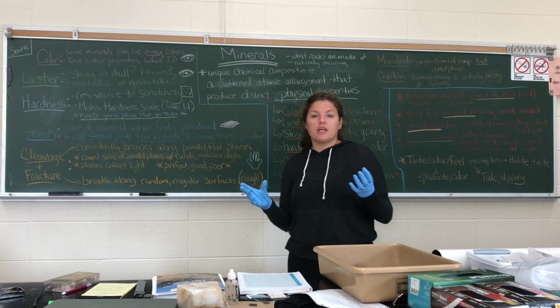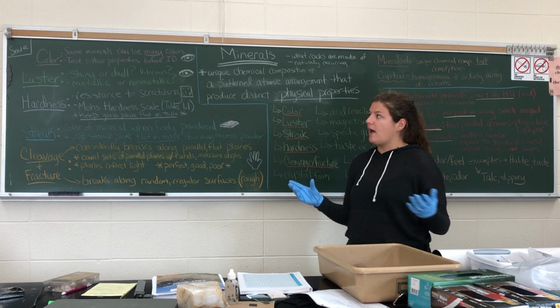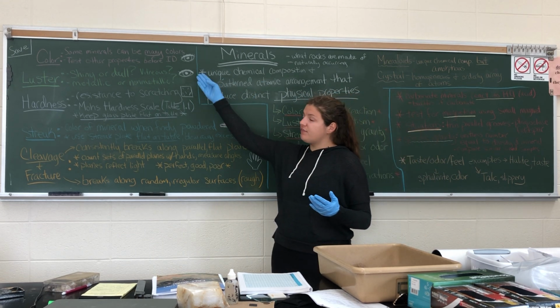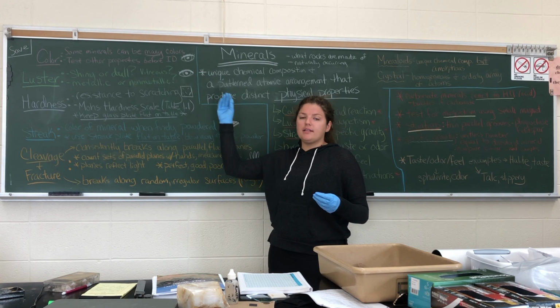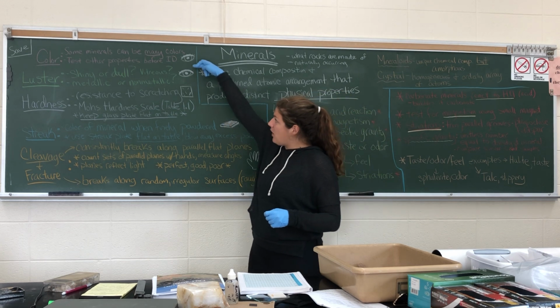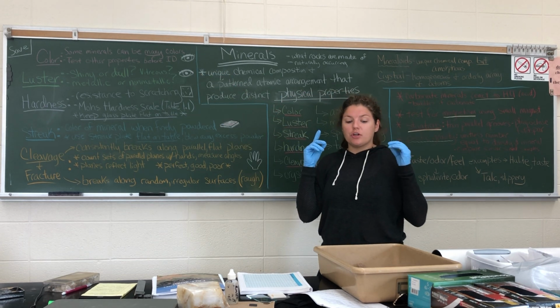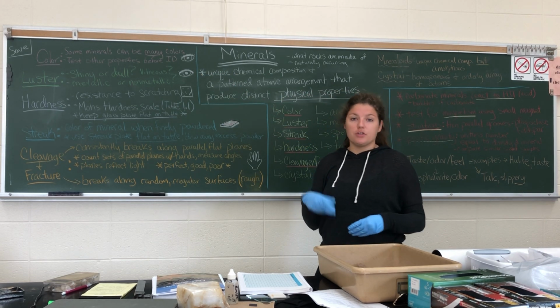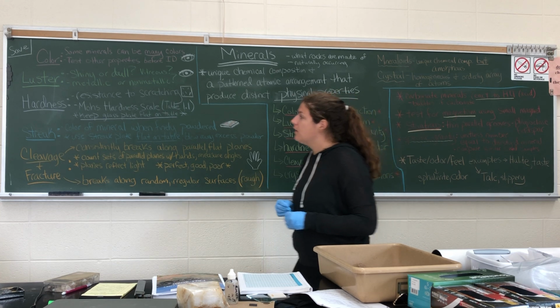So certain minerals can be many different colors, and so that is why, although color is a physical property, we don't want to identify a mineral based on its color alone. I drew the eyeball here just to show that in lab, what you're going to be doing is looking at the minerals to determine the color.